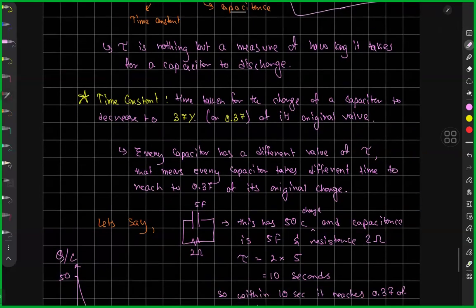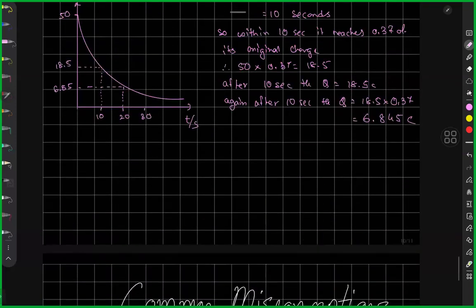What is tau? Time constant, tau, is basically the time taken for the charge of a capacitor to decrease to 37% or 0.37 times its initial value or its original value. So what does that mean?